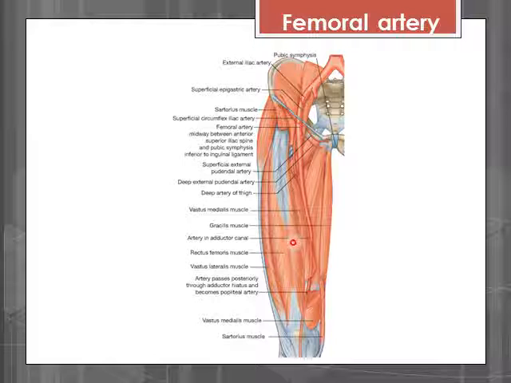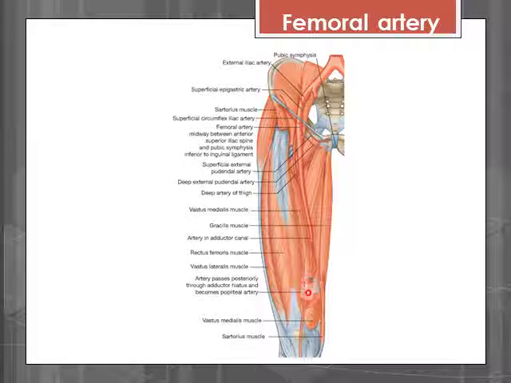The femoral artery terminates nearly at the junction of the upper two-thirds and lower third of the thigh by passing into the adductor hiatus, which is an opening in the adductor magnus muscle, to appear in the popliteal fossa at the back of the knee as the popliteal artery.